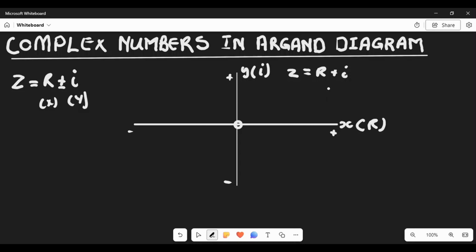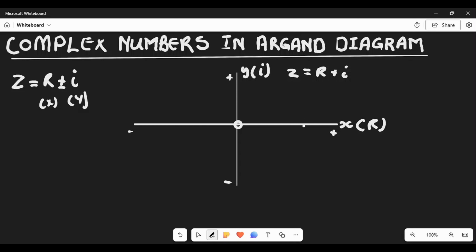For the fact that the real number is positive and the imaginary number is also positive, this is going to happen on the first quadrant, because let's look at the real number on the x-axis. It's positive only on this side, so this is going to be on our right, and then the imaginary number is positive on the upper part of the Cartesian plane. So as you can see, this is going to happen here on this quadrant.